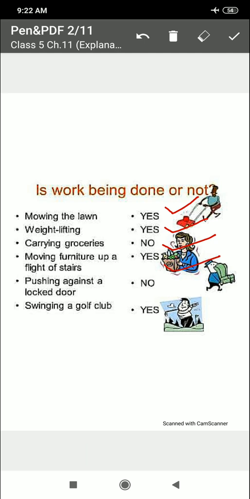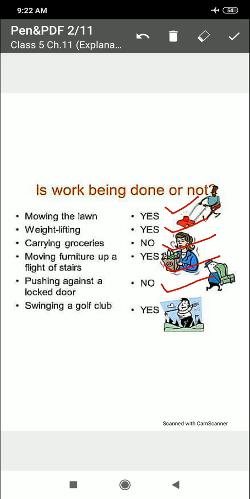Next is pushing against a locked door. Now children, for example, a door is locked and you are applying the force to push the door. But obviously if it is locked, it will not open. So that means no work is done. Next, swinging a golf club.